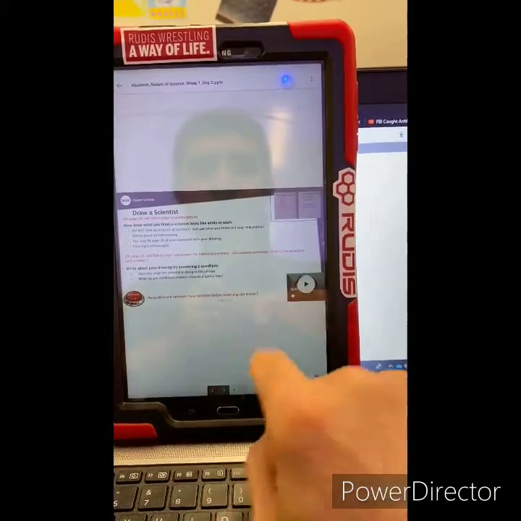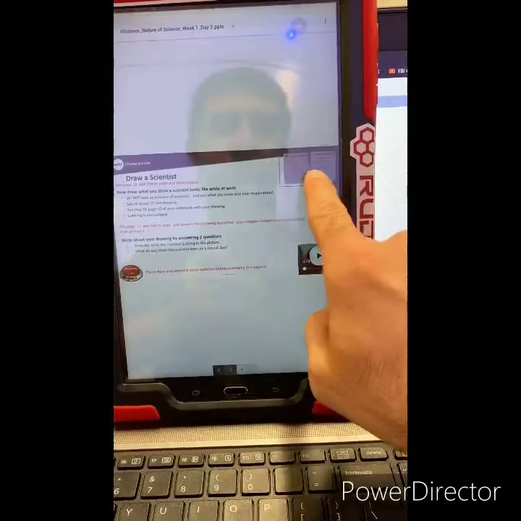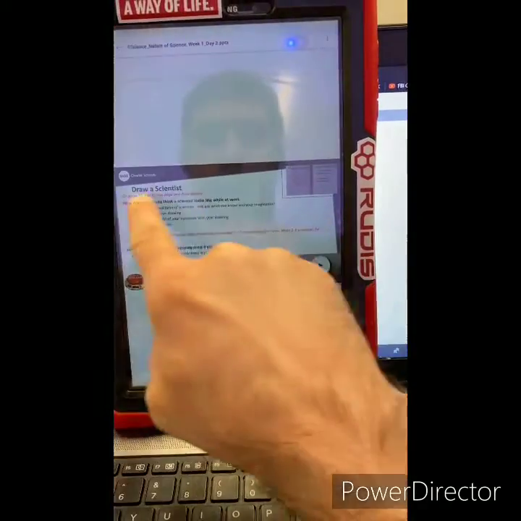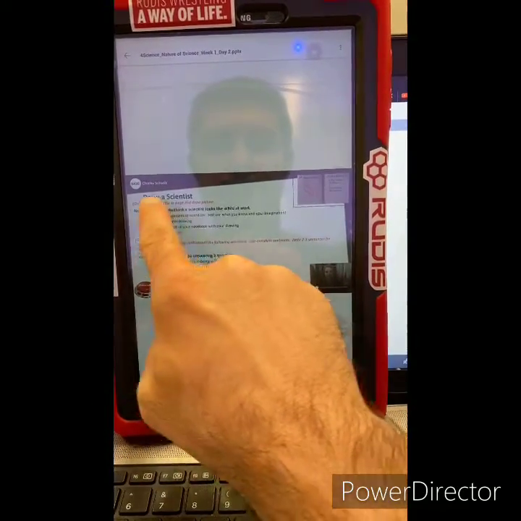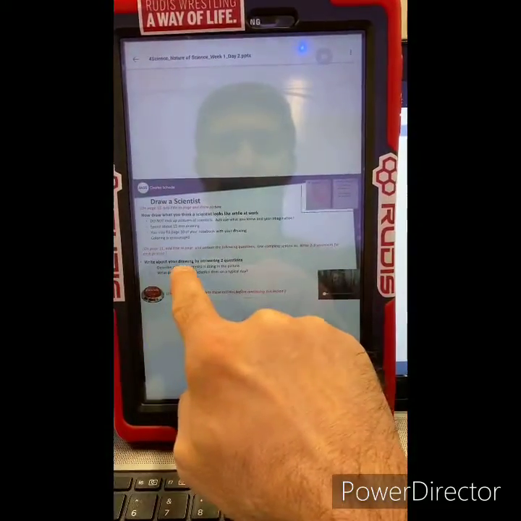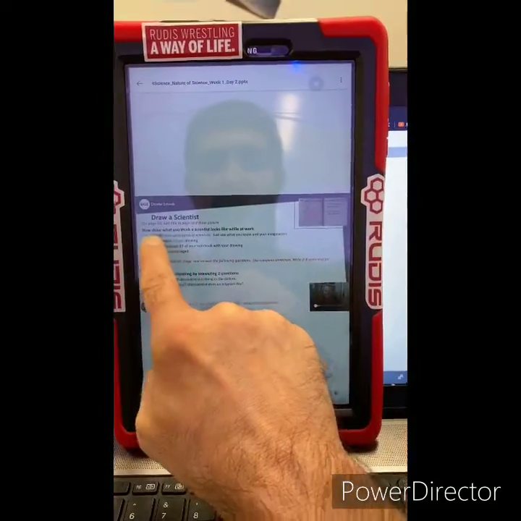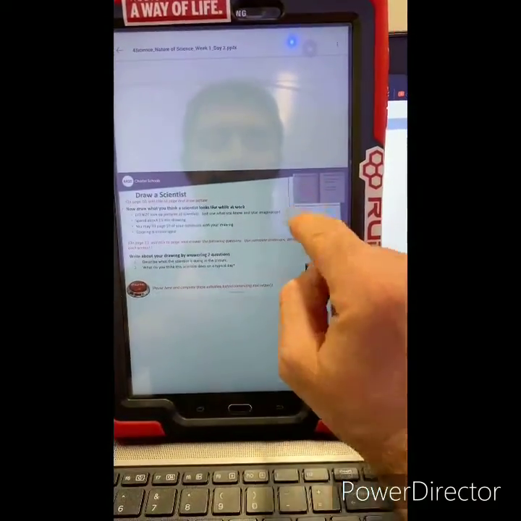And anytime you get to a slide that has this little icon up here, it shows you number 10, page 10, you're supposed to draw a scientist. You don't have to write everything on this PowerPoint slide. You only have to write what it tells you to write over here. Okay, so now you're supposed to draw what you think a scientist looks like on page 10.